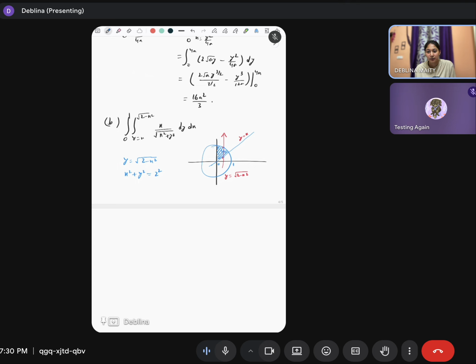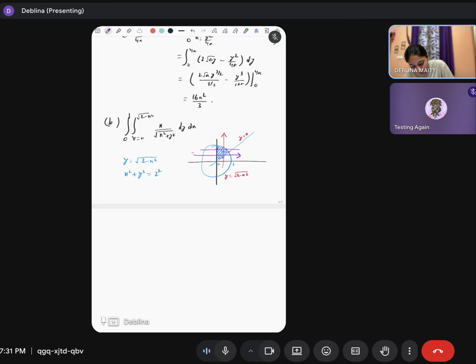Now we have to do the calculation by changing the order, so we have to change to the horizontal direction. See, there are two different ways. Above the intersecting point, x goes from 0 to the curve y equals to root over 2 minus x square.